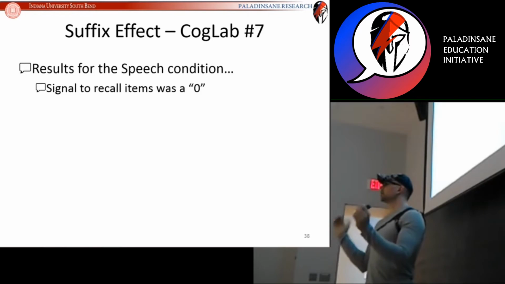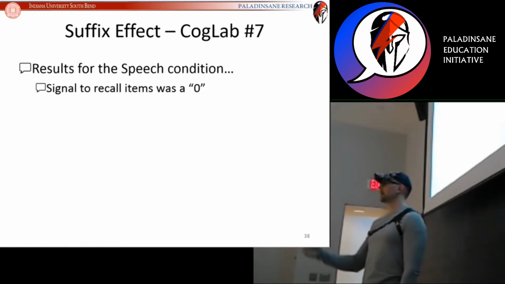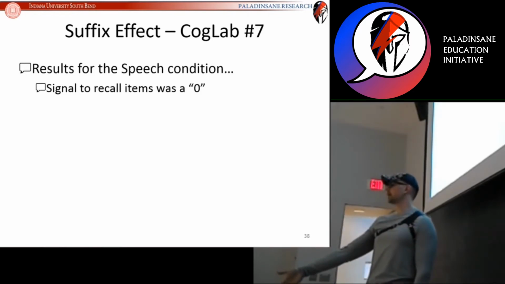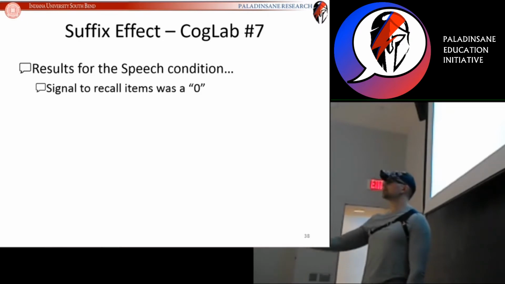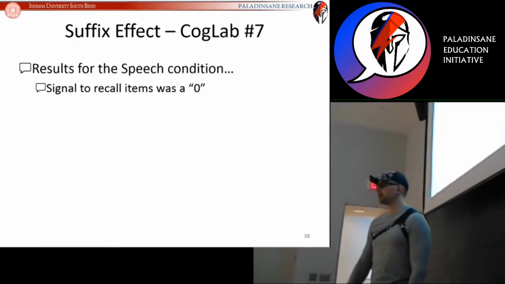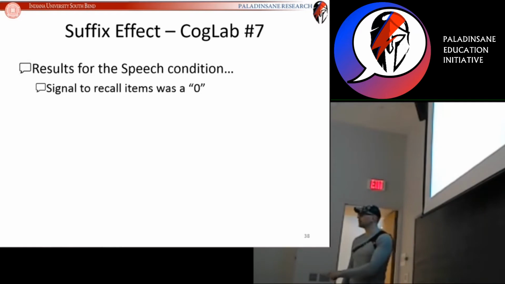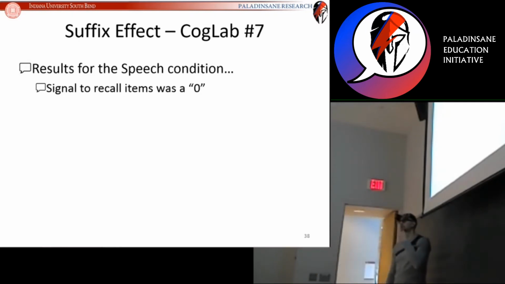So that 0 should have been a signal that your trial is at an end, that you are now ready to start to recall. Importantly, you should have been able to ignore it, right? It's kind of like if you're trying to talk to somebody in code.